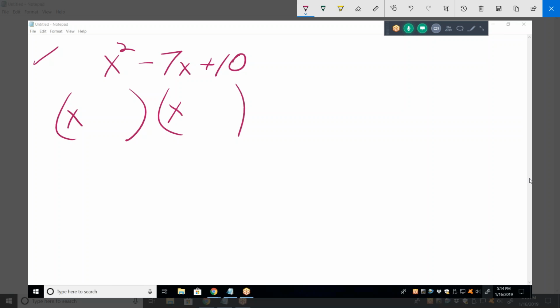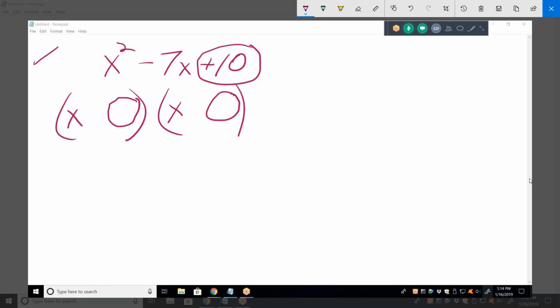What do these signs, the next thing I have to write, have to be? Is it going to be plus minus, minus plus, plus plus, or minus minus? Plus minus. If it were plus minus, that would have to be a negative number. Remember where that plus 10 comes from. It comes from multiplying the last number by the last number.